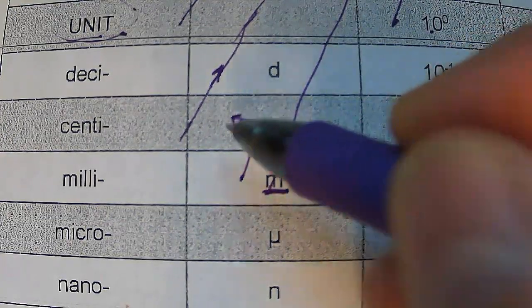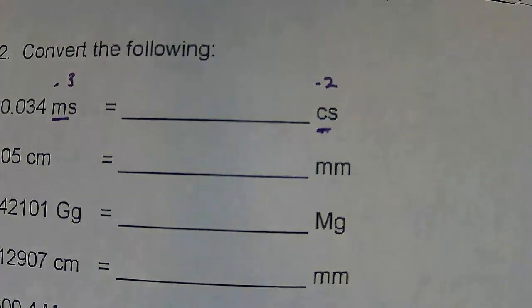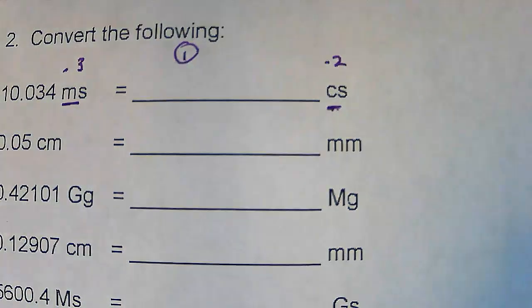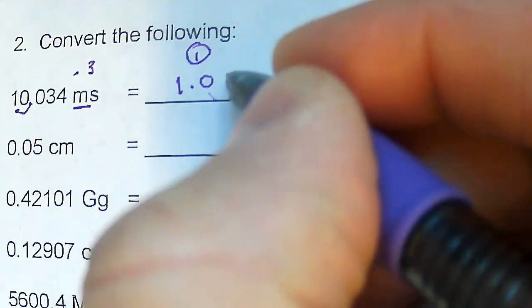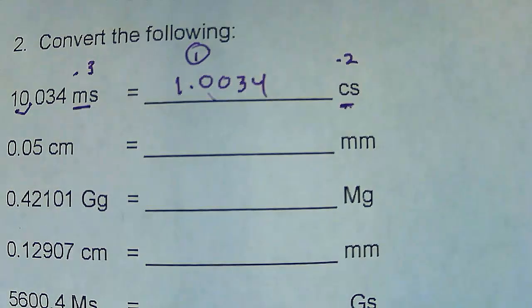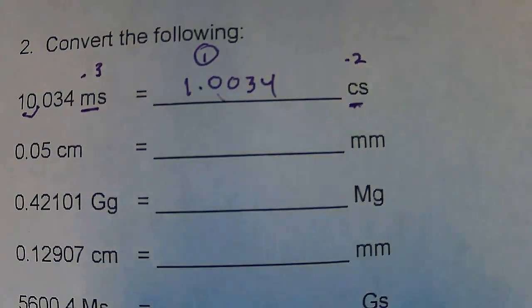So we're going to move the decimal to the left. And how many places are we going to move to the left? 1 place. So we get 1.0034 centiseconds. Sounds like a weird unit, but that's okay.